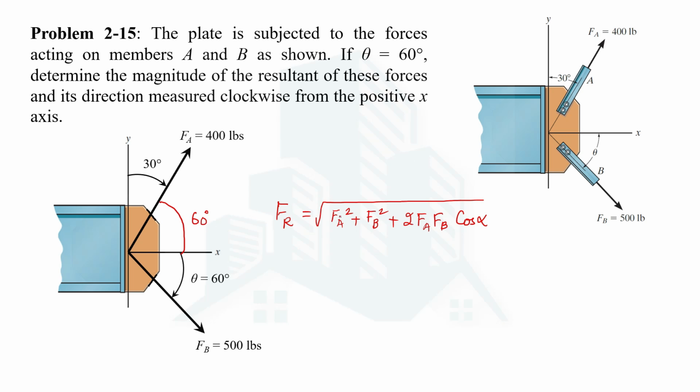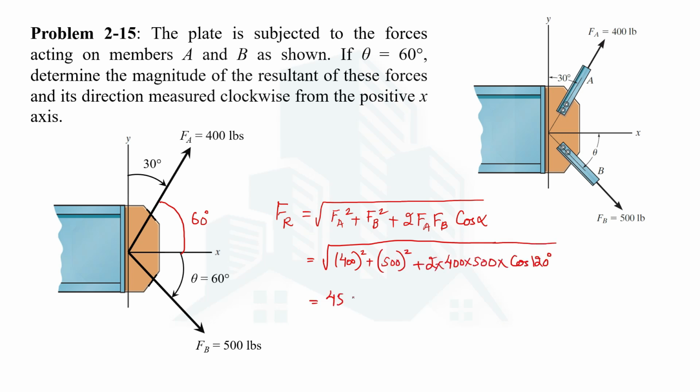Now everything in this equation is known, we just put in the values. On putting the values, we get 458 pounds as the magnitude of the resultant force caused by these two forces of 400 and 500 pounds.